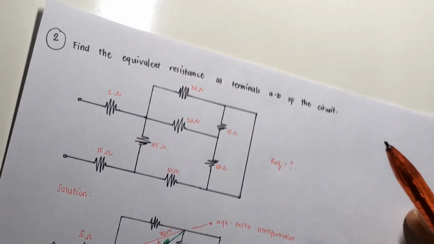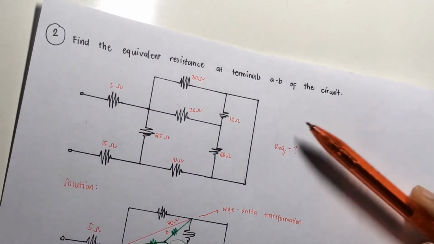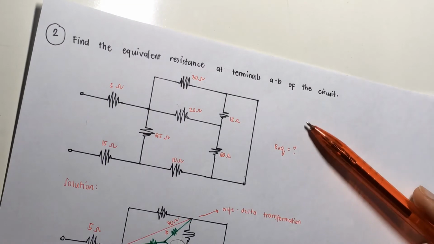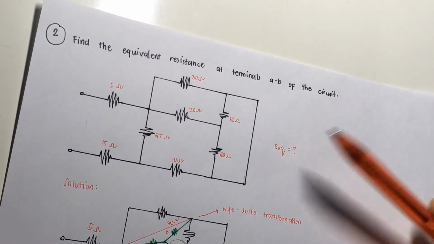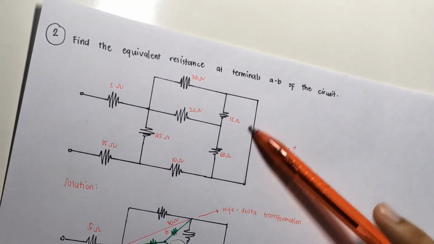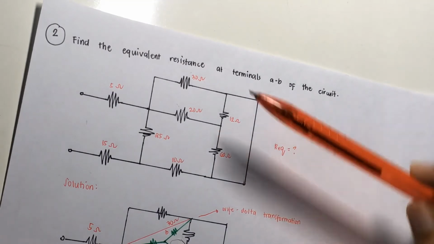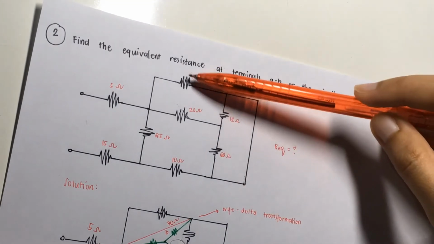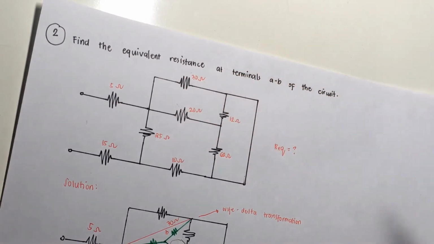We can apply Y delta transformation if there is a pi network, T network, and so on. And in this given circuit, we can see a pi network, which is this area.